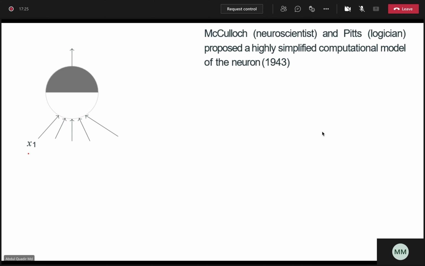They have the inputs x1, x2, x3, x4, x5, up to xn, and then they aggregate these inputs. What input? A binary input, 0 and 1, or you can call it a Boolean function.